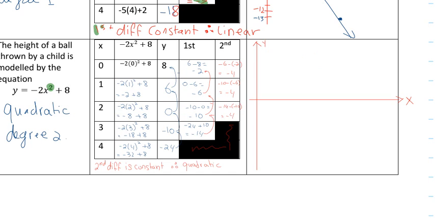All right, so 1, 2, 3, 4. I see my numbers are like 0, 6, 8, negative 10, negative 24. So I'm just going to try to, I might not be able to fit all the points.